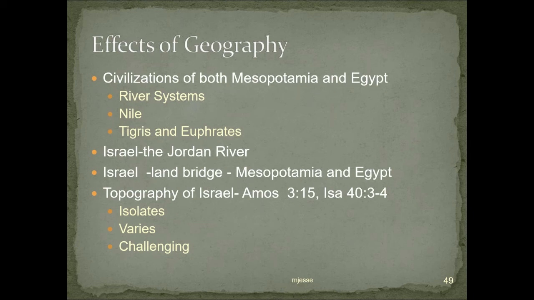The Jordan meanders. It's not actually used for irrigation extensively, and so it doesn't create a common bond for the people. In fact, the topography of Israel is such that it actually isolates people with its many mountains and valleys, and of course the meandering Jordan River. However, Israel is a land bridge between Mesopotamia and Egypt.